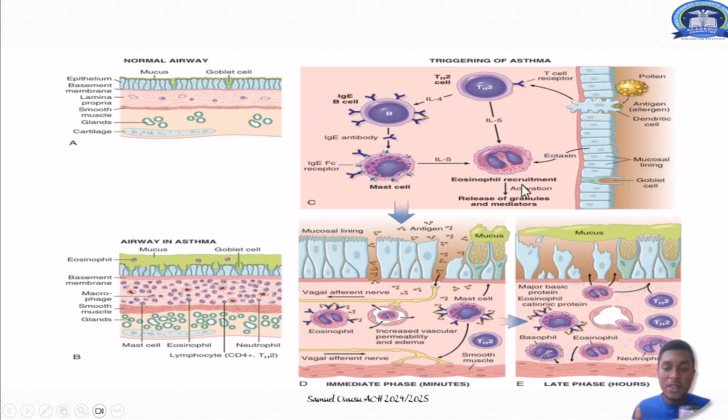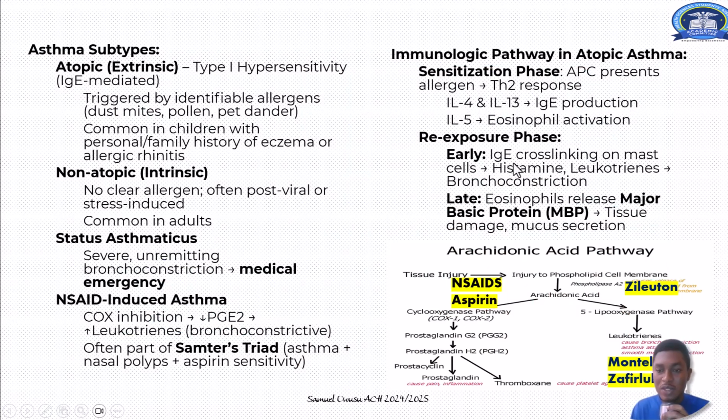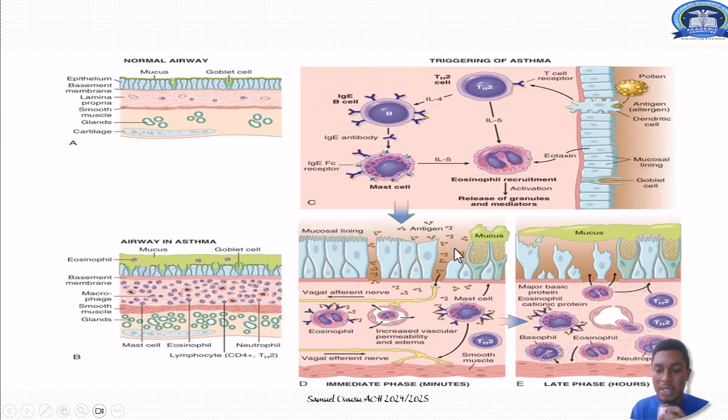Now, in the late phase, when we have repeated episodes of the antigen, the IgE antibodies will cross-link with the mast cells, and this cross-linking will lead to mast cell degranulation.